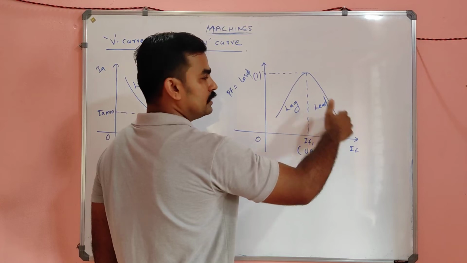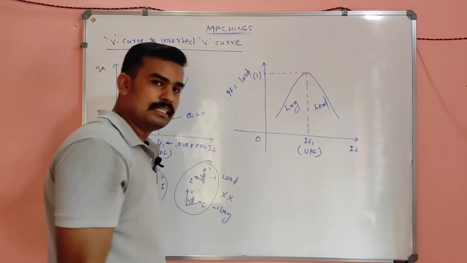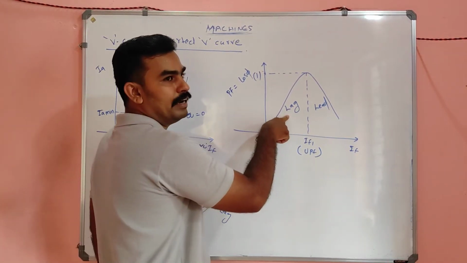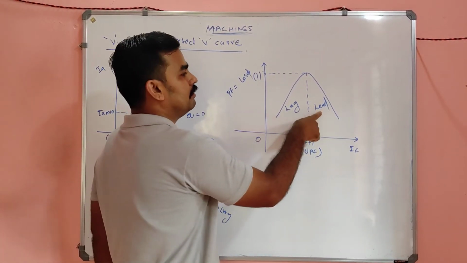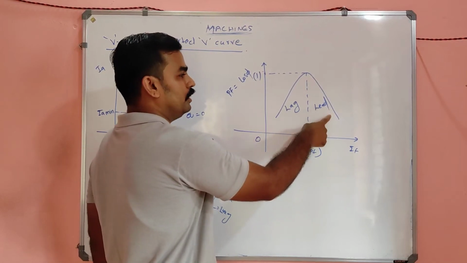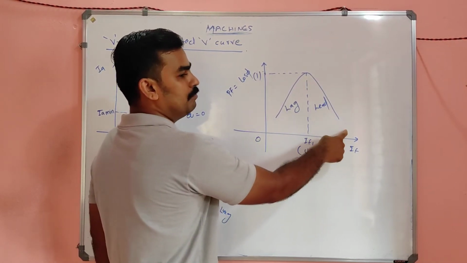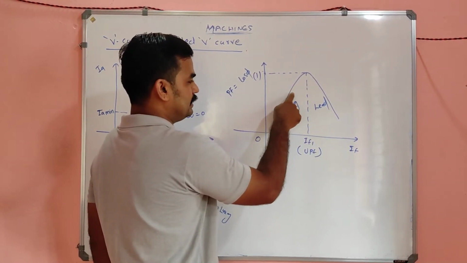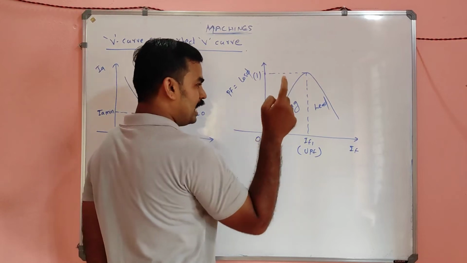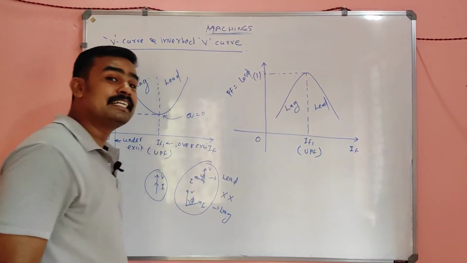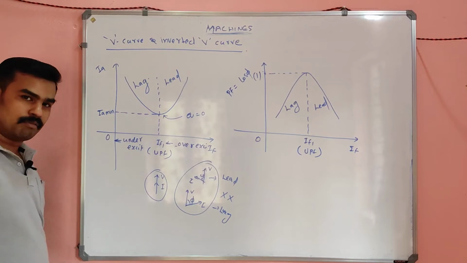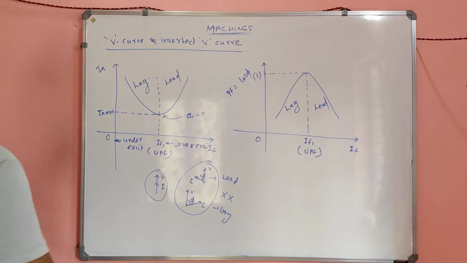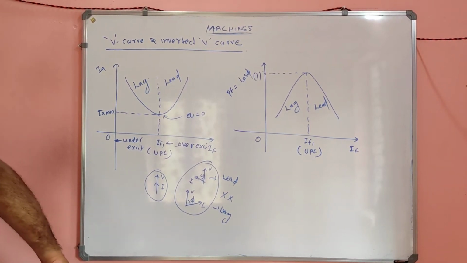Either in the leading direction or in the lagging direction, it will be lower. Here, for example, will be 0.5 lag, 0.3 lag, and here 0.5 lead, 0.3 lead, 0.1 lead, like that. So both conditions are not desirable. You have to improve that. So that's the meaning of the V curve and inverted V curve.